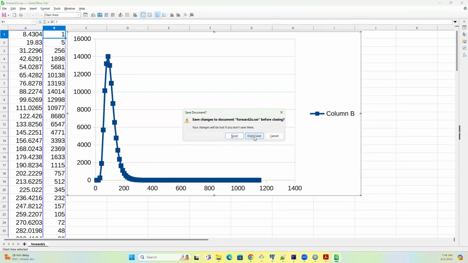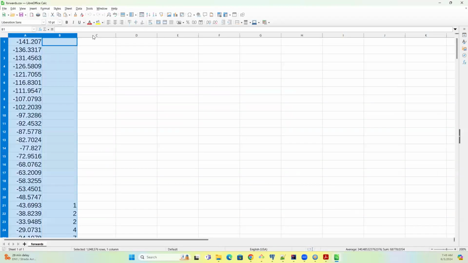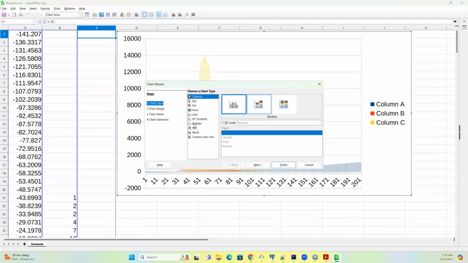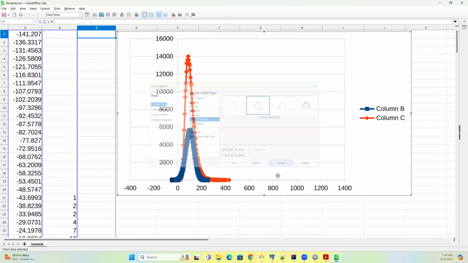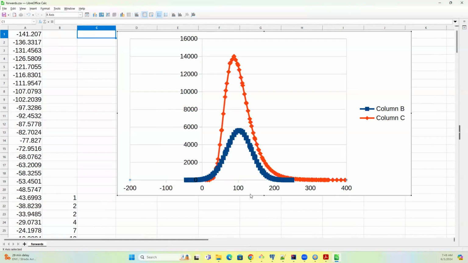If we plot them on the same scale, let's insert chart. Well, they don't look that well, but see. Okay, it's more clear.